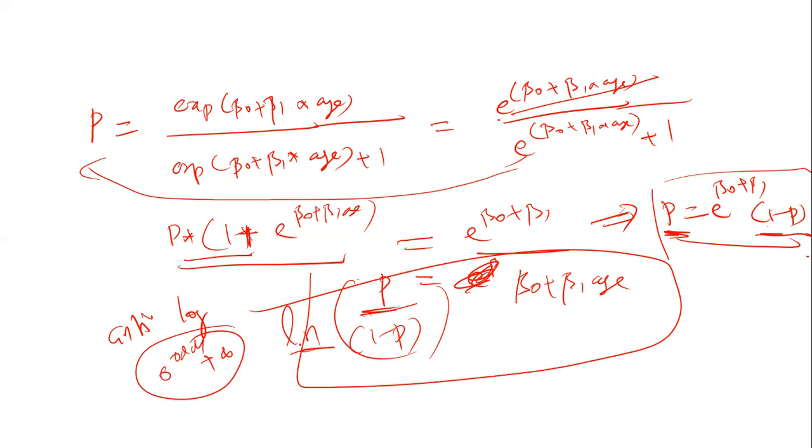But if you take the natural log on the odds, it will take any value between minus infinity to plus infinity. Because in the real world scenario, for different age groups, you will get values more than 1, and you will get values less than 0 also.